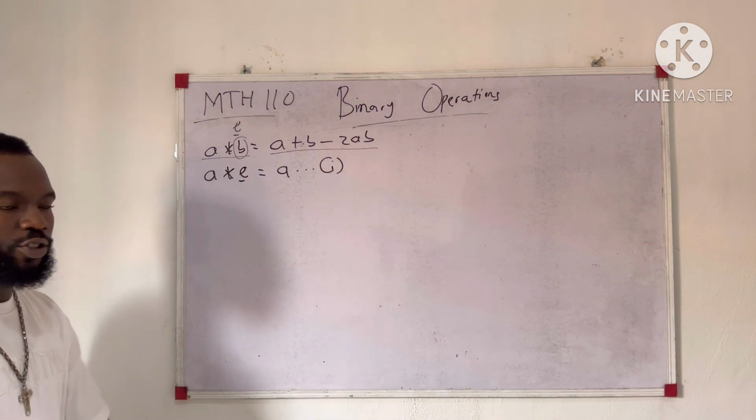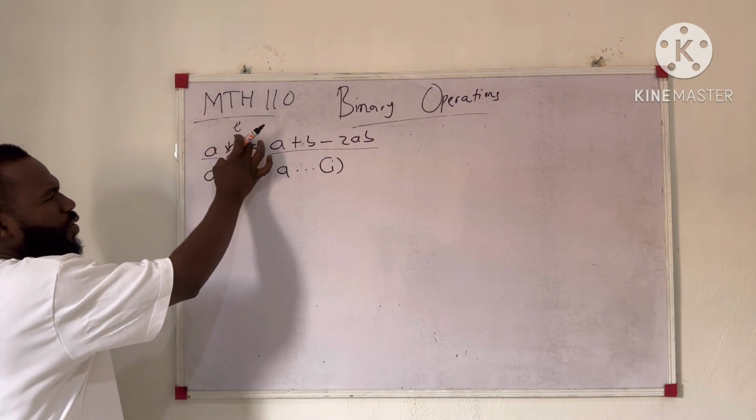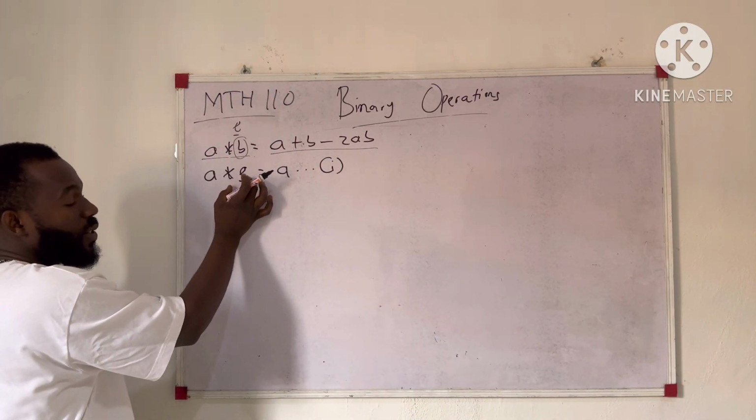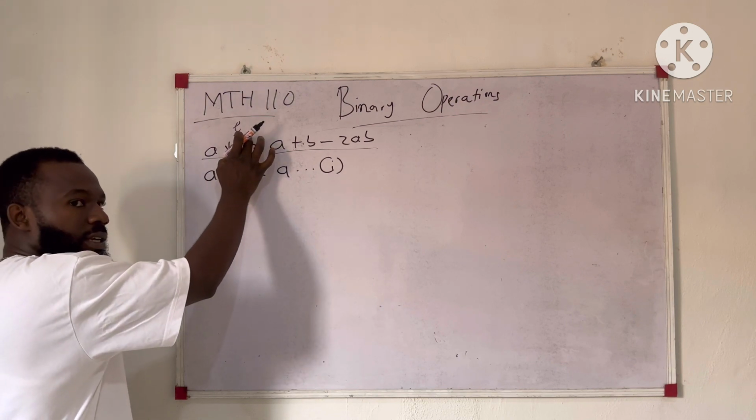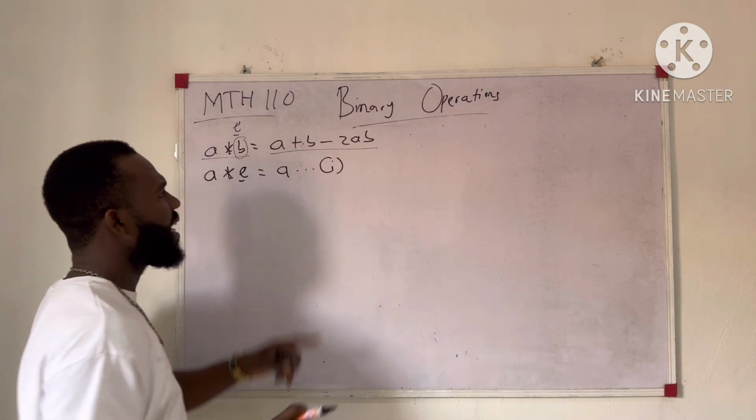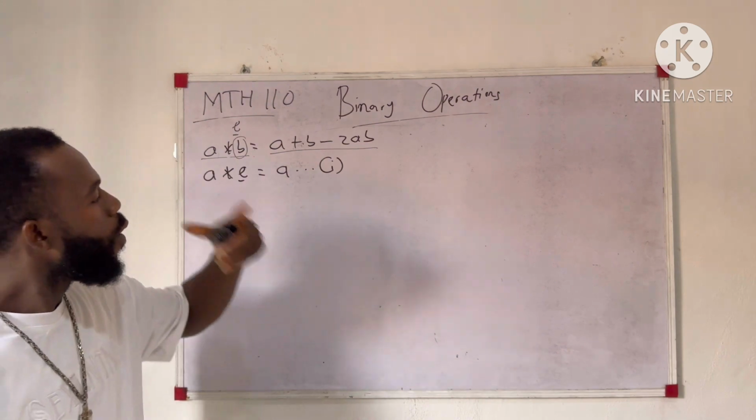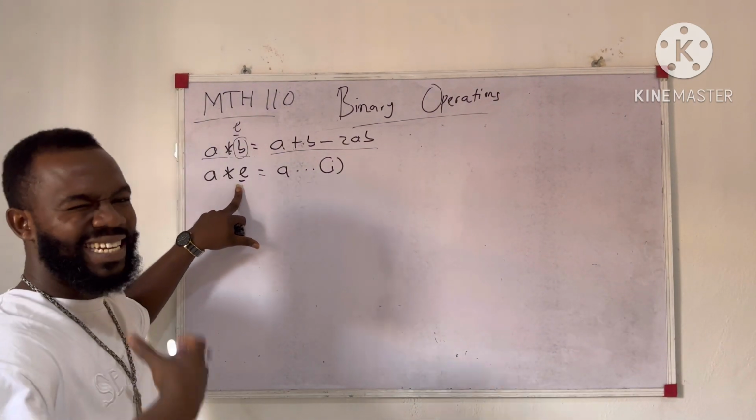Now, how do you get equation 2? Don't forget that we have substituted identity for b. So it means on the right hand side, anywhere we have b, we will now substitute identity.